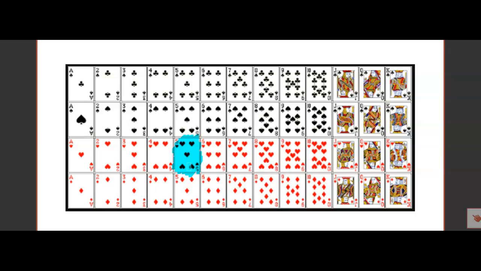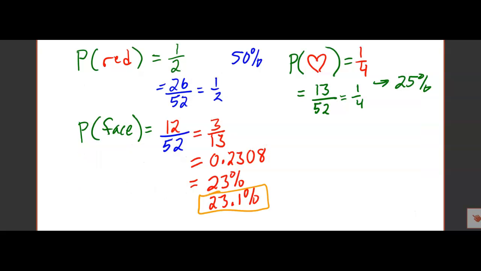So be clear that probability is nothing's happened yet. Once something happens, then that's an actual event that occurred, and that's no longer a chance, all right? So this is regular probability where you're pulling out of the entire set.